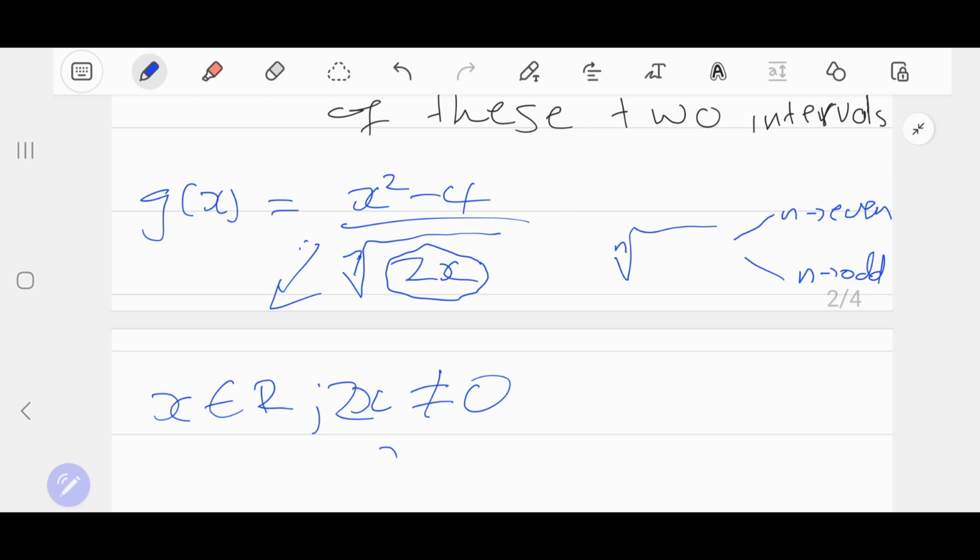Must not be equal to 0 means x is not equal to 0 when you solve this. So to write it, x is an element of real numbers, but x must not be equal to 0, because all of this will be equal to 0, and if you divide something with a 0, it's undefined.